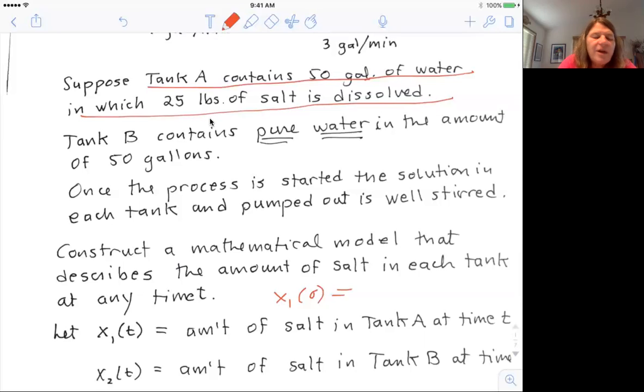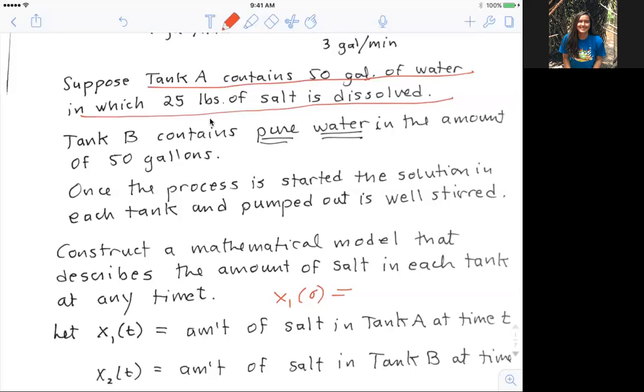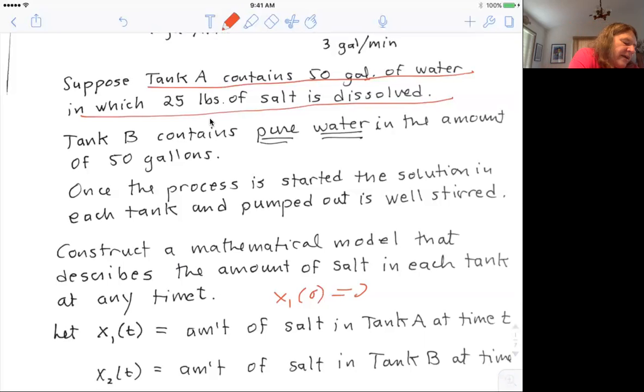If you read that sentence right there, what's x1 of 0 equal to? Anybody? 25 pounds. Yeah, it's 25. So right away, I see that I've got an initial condition there.